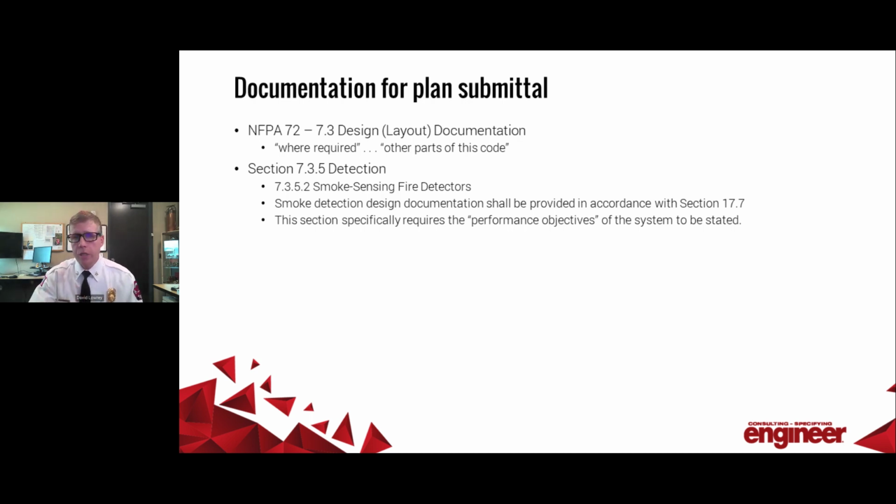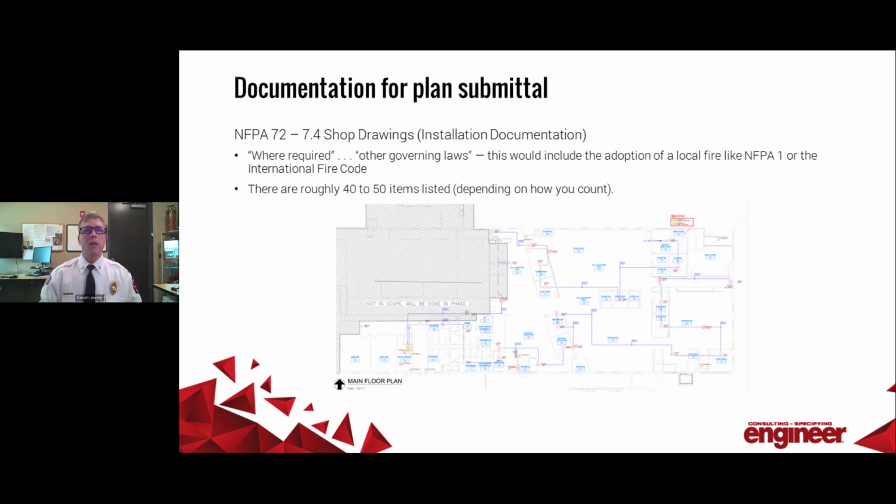So if you are doing a smoke detection layout, then at some point in time, whether it's in the written narrative or another part, something needs to be listed saying that we're installing the smoke detection in the prescriptive manner listed in 17.7, or you're doing a performance base and you're going to list those objectives, right? That is kind of what I'm getting at, a little more information on that.